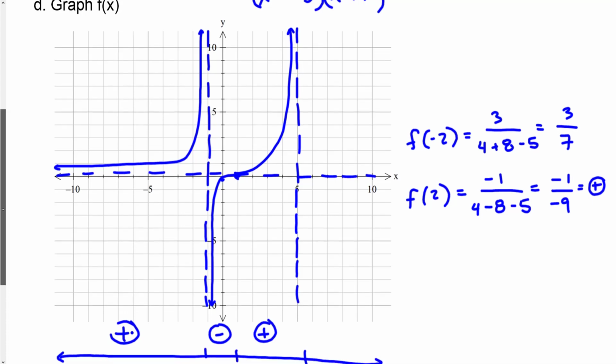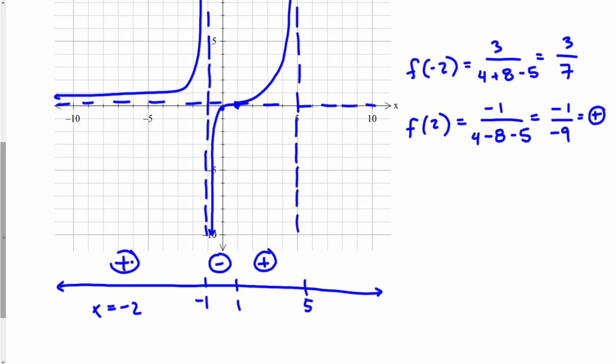And lastly, if I choose, say, x equals +6, then it would be 1 minus 6, which is -5, over 6 squared, which is 36, minus 4 times 6, which is 24, minus 5.